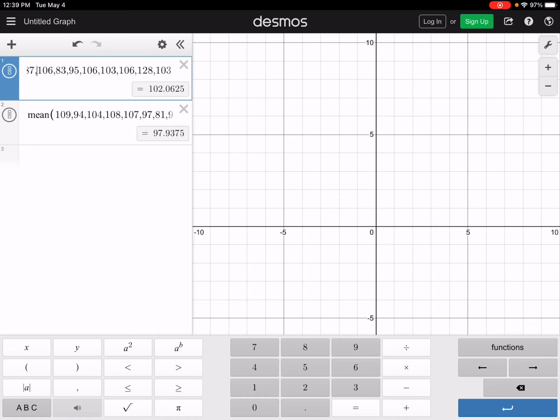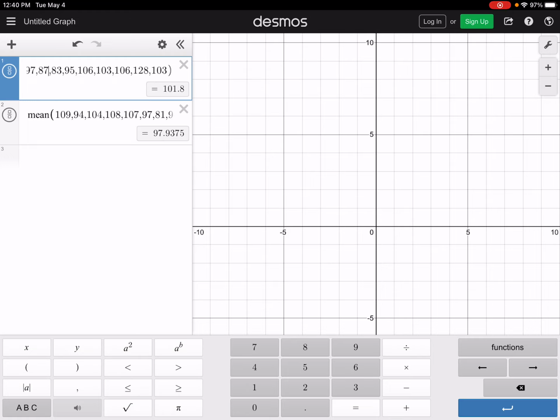So at the front over here, it says the mean, and the first numbers are 97, 87, I accidentally deleted some, comma, 106, hopefully that's right. Okay, I think I got them all. I accidentally was hitting delete instead of the arrow.